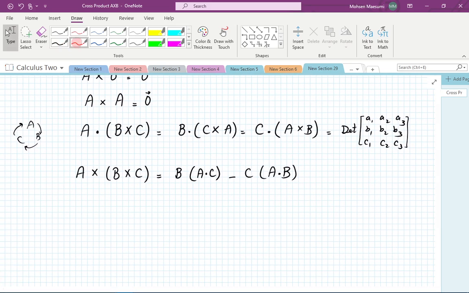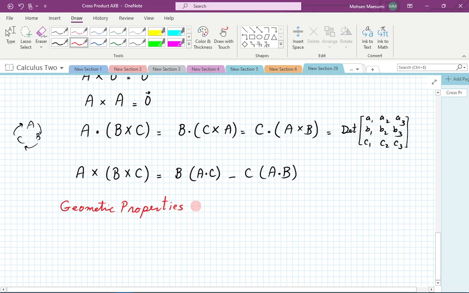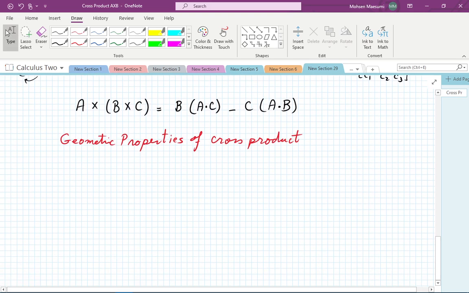Now let's go ahead and make a bit of sense of what this thing really represents. One way to understand that is geometric properties. What are we trying to achieve by this rather complicated operation?